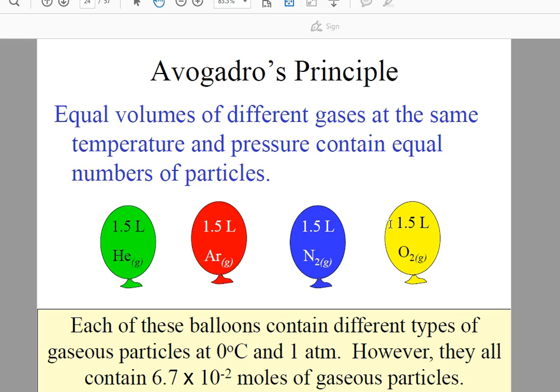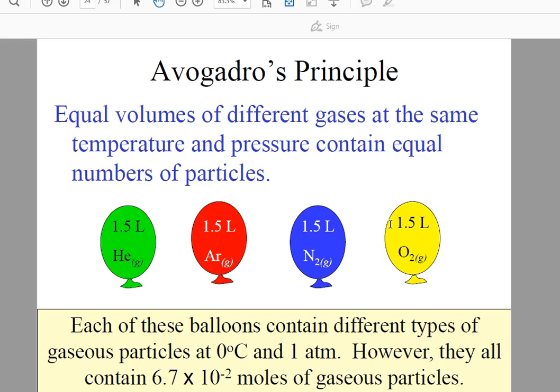Because you would think that argon would be a lot bigger than helium, if you look at the periodic table. But he found that they all took up the exact same amount of space, as long as they were at the same temperature and pressure. So that's how he came up with this Avogadro's principle. Okay? That as long as the temperature and pressure are the same, it doesn't matter what the gas is.